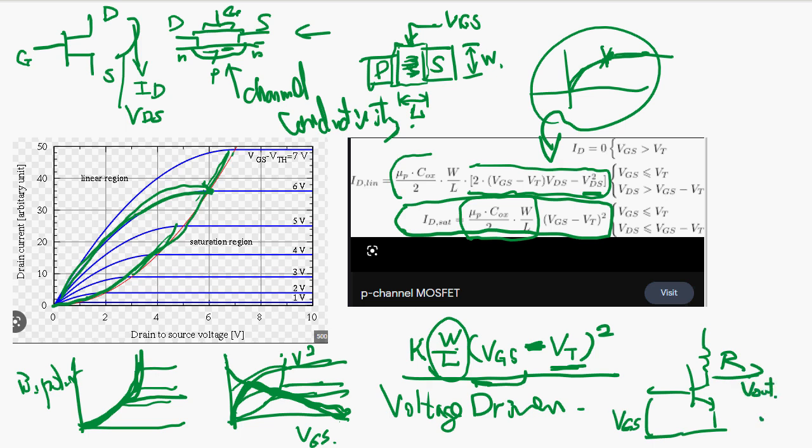So in the MOS, amplification of voltage is done by the external circuit. But in bipolar, there is a built-in amplification of base current IB to collector current IC. There is a beta here. And in MOS, there's no such thing as beta. Okay? So that's the difference between bipolar and MOS transistors.